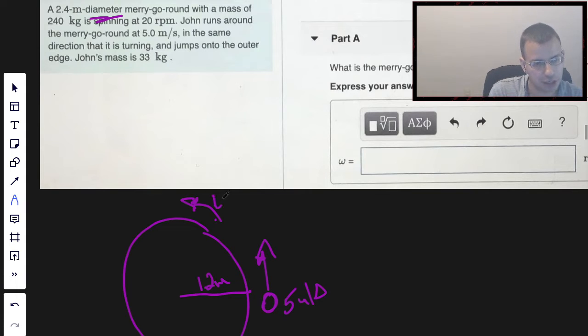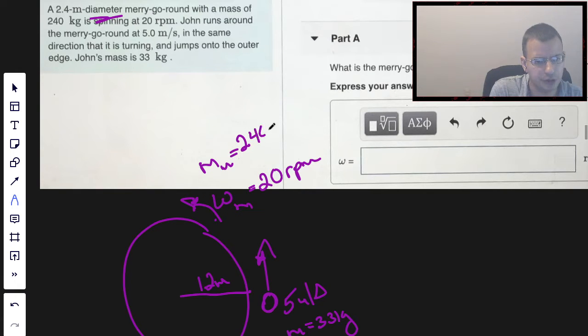And the omega, I'll call it M for Mary, the merry-go-round, and John, that makes sense. 20 RPMs. John's mass equals 33 kilograms, and the mass of Mary is 240 kilograms.